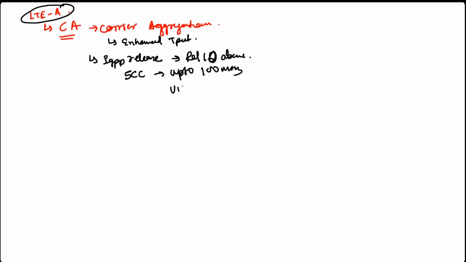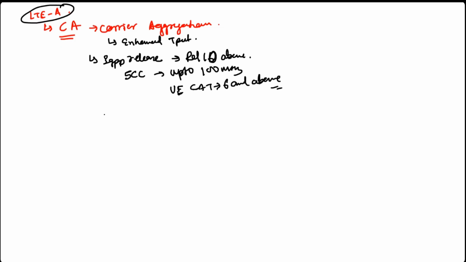Do you know which UE category exactly it is supporting? Category 6 and above. These are the UE categories that it is going to support.